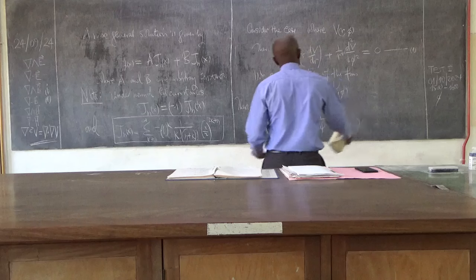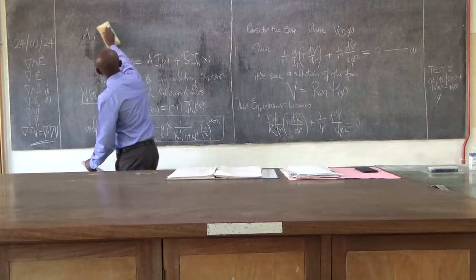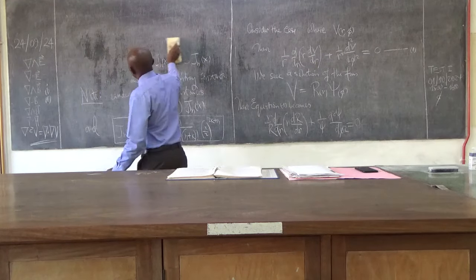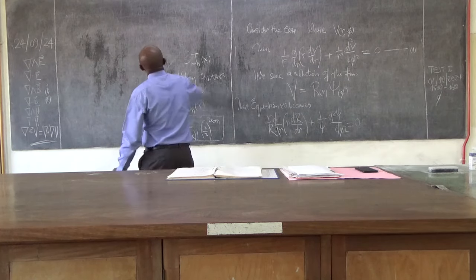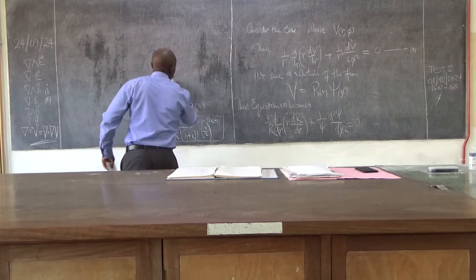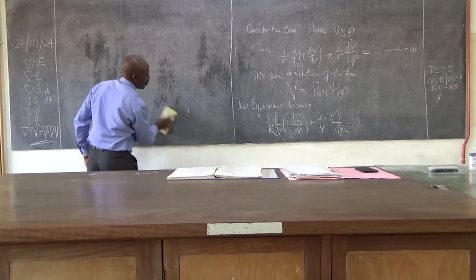There are only two, they are all separated, each of them purely up to its variable.